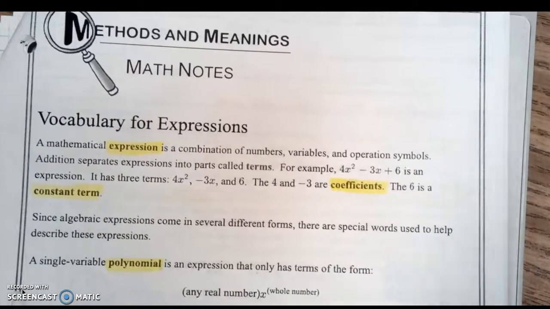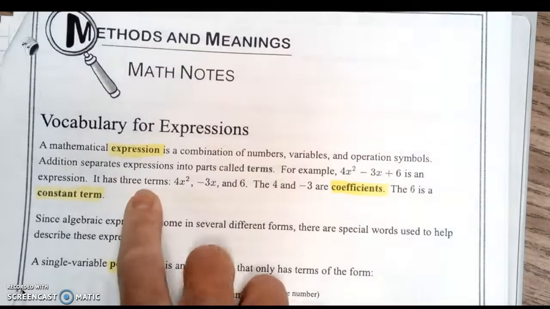All right, so on page 3, we have a math notes page, and it's titled Vocabulary for Expressions. A mathematical expression is a combination of numbers, variables, and operation symbols. Addition separates expressions into parts called terms. For example, 4x squared minus 3x plus 6 is an expression.